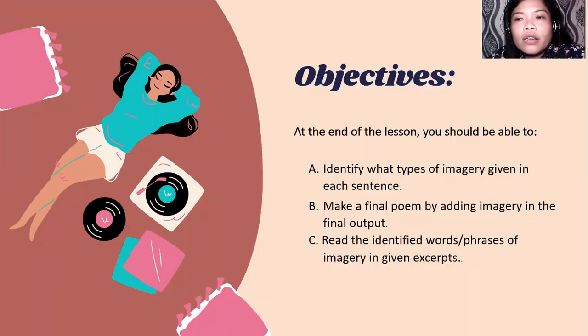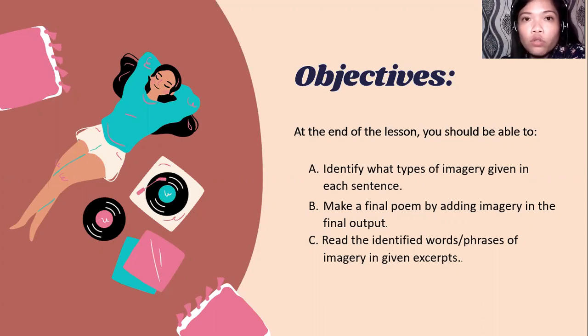So for the objectives for today, for the lesson of imagery, at the end of this lesson, you are expected to identify what types of imagery are given in each sentence. Letter B is to make a final poem by adding imagery in the final output. As I said last time, your drop is actually performance test number 1, and this lesson 2 is still performance test number 1.